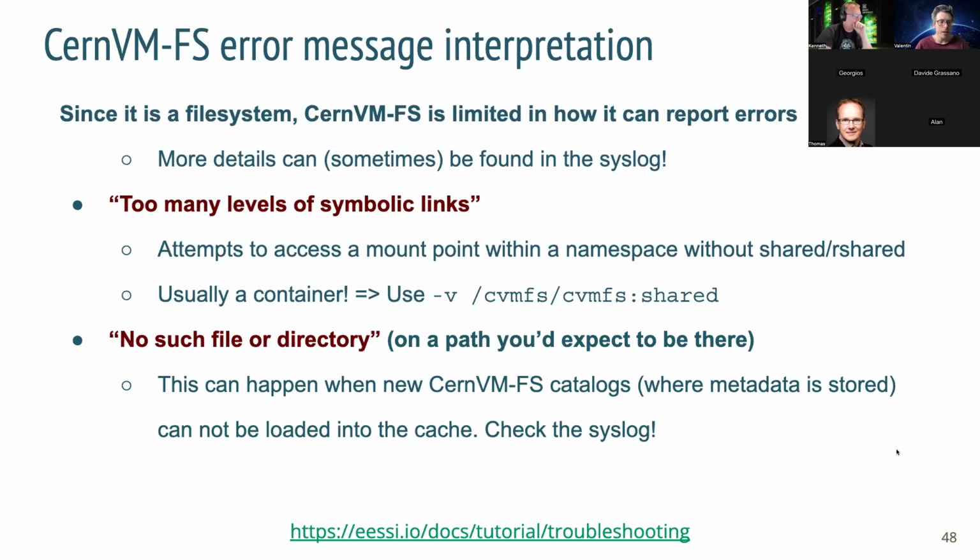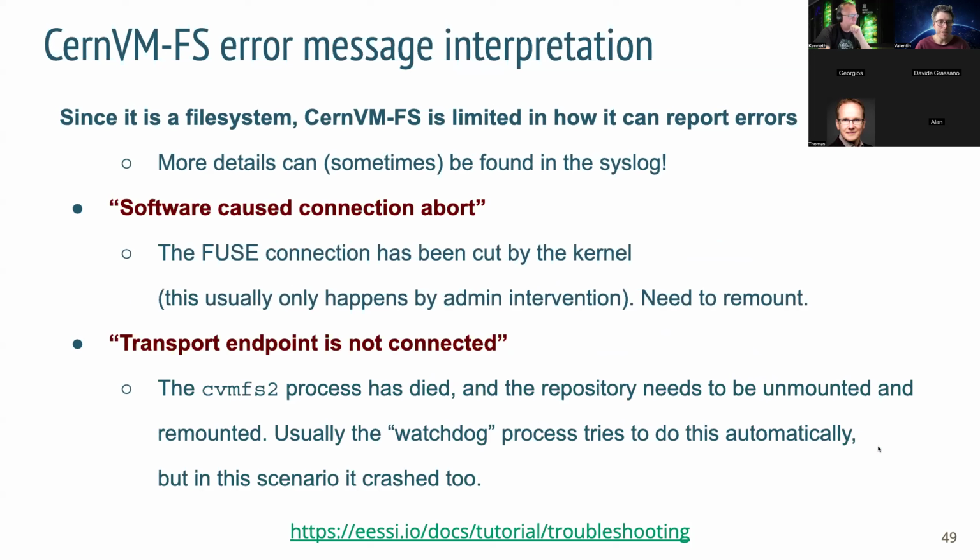Okay, going to the next slide. Here are two more special messages that you might get on the command line from an application that is using /cvmfs. The first one is very rare. This is software caused connection abort, which actually means that the FUSE connection has been cut by the kernel.